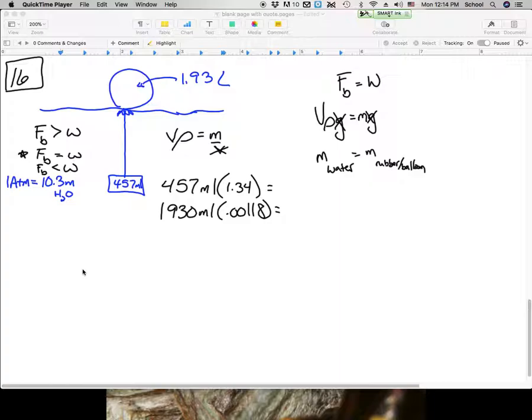So we're going to get this much mass. So 457 times 1.34. We're going to have 612.38 grams of rubber, and we're going to have 2.28 grams of air.